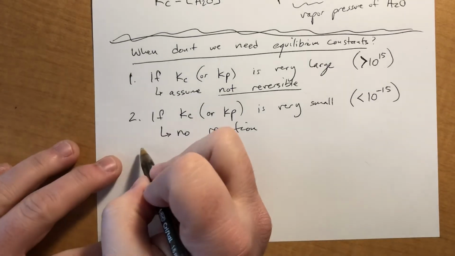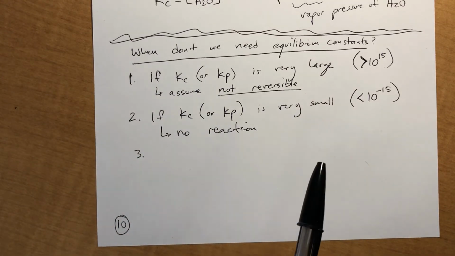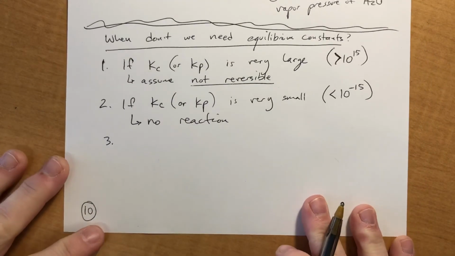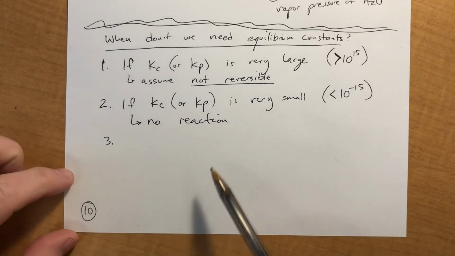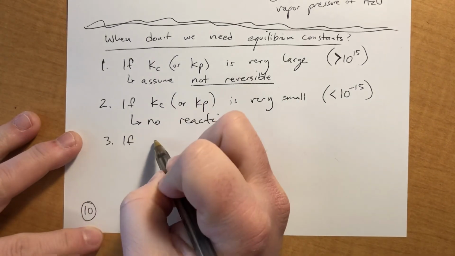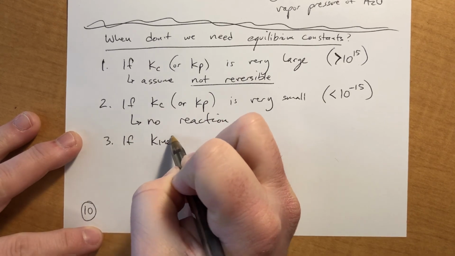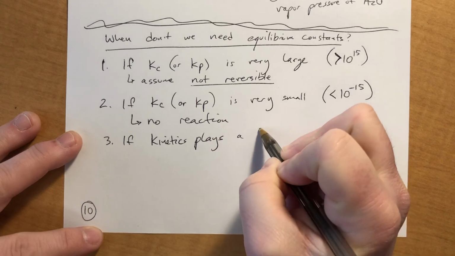Okay, the third one is a little subtle and a little weird. It turns out that although equilibrium constants are related to kinetics, to reaction rates, if kinetics plays a dominant role, it might override the need for equilibrium constants.